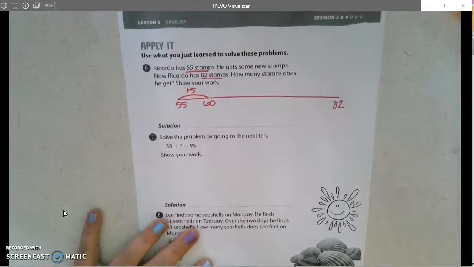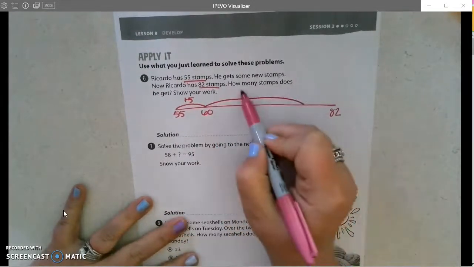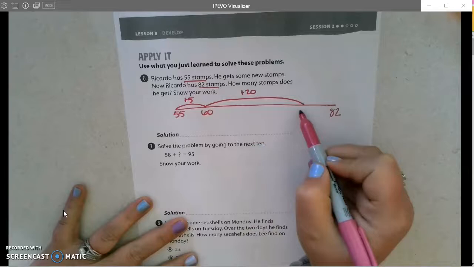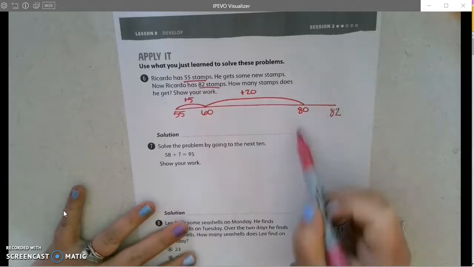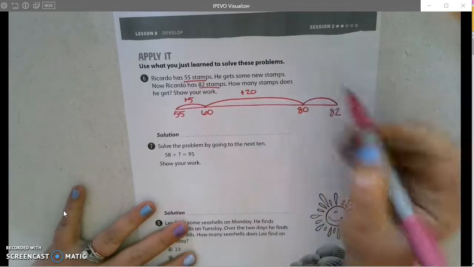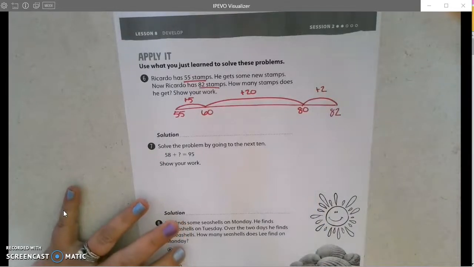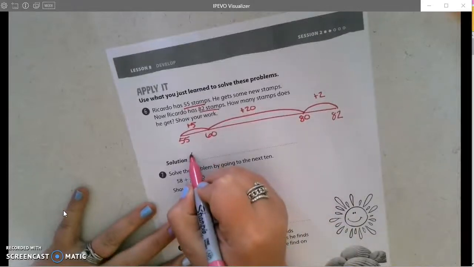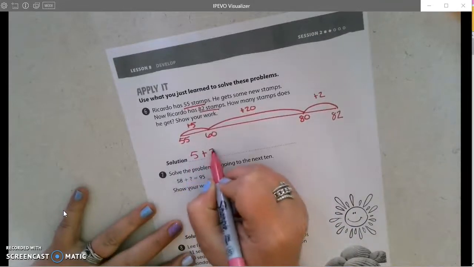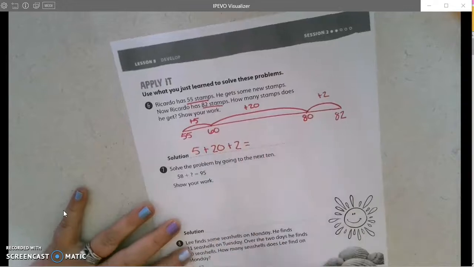So now I know 60 plus 20 is 80. I'm almost there. 80 to 82 is 2 hops. Okay? So now my solution is going to be 5 plus 20 plus 2 equals.